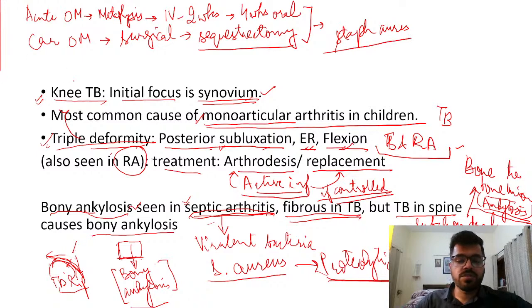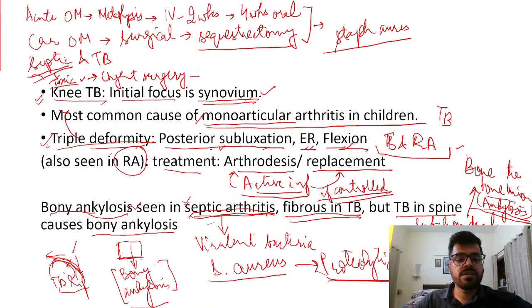Then we discussed septic arthritis and TB. Septic arthritis is seen in a toxic child, not eating, not sleeping. Treatment is urgent surgery to prevent joint destruction in arthritis, followed by IV antibiotics, same as acute osteomyelitis. TB we have discussed, most common site is spine.